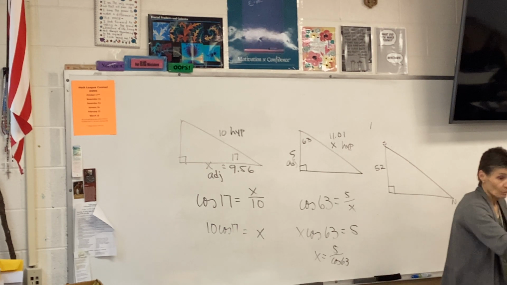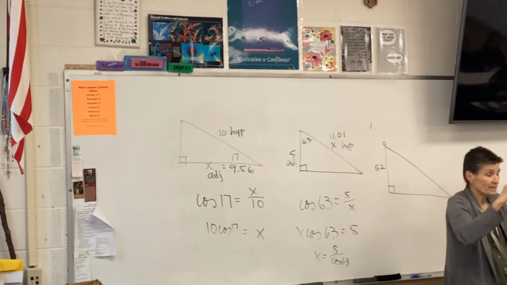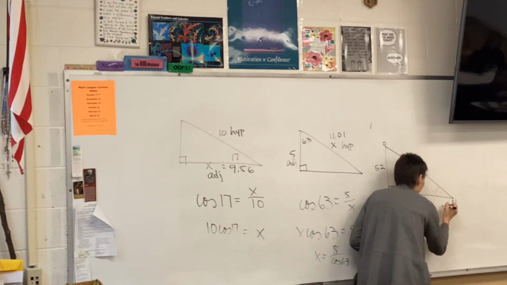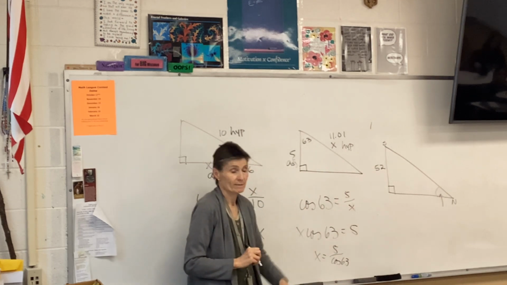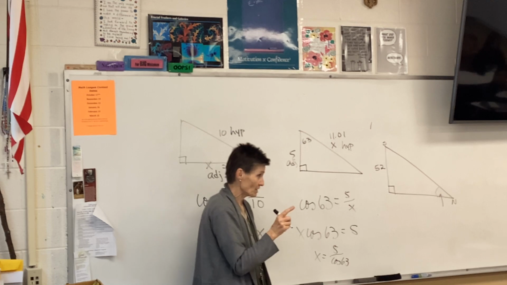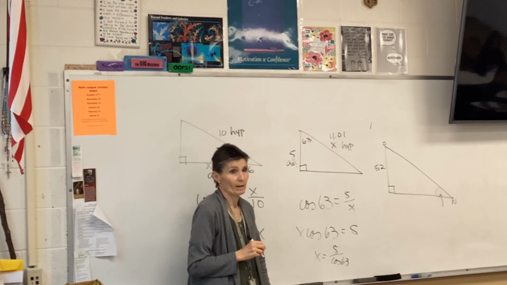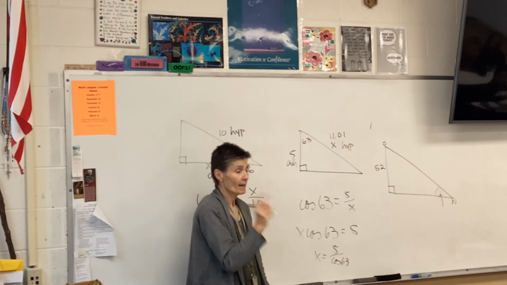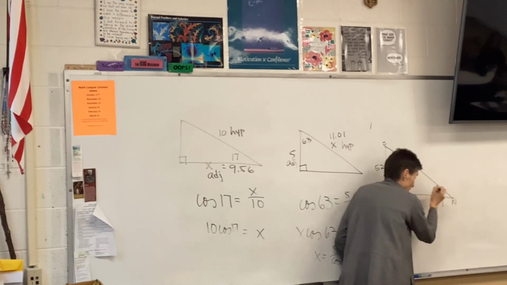Some are going to say the worm is looking up at the bird, that's an angle of elevation. It doesn't matter. The angle of elevation and depression always goes right here. Always. Don't put an angle of elevation or an angle of depression anywhere else. Every angle of elevation or depression is going right here.